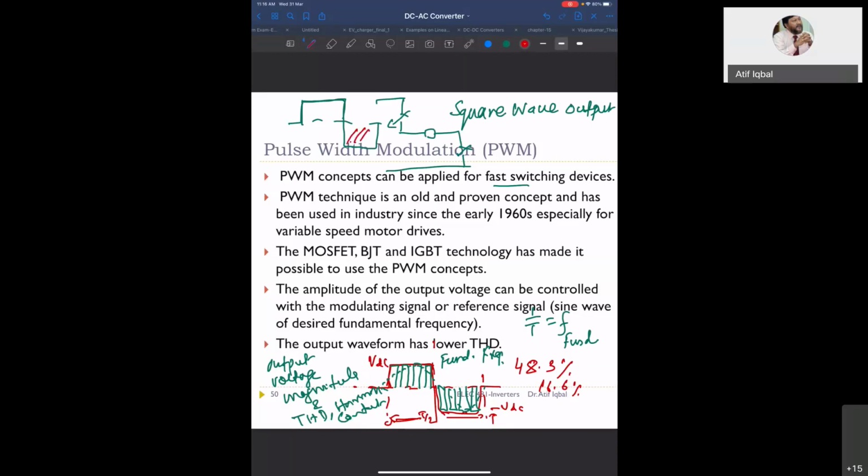Then for the next half period, to obtain the negative half cycle, we turn on the other two switches. So there is only one switching in one period: S1 and S2 turn on and turn off, and then S3 and S4 turn on and turn off.